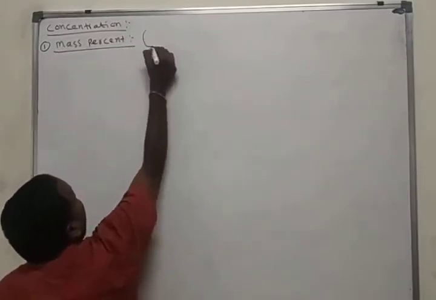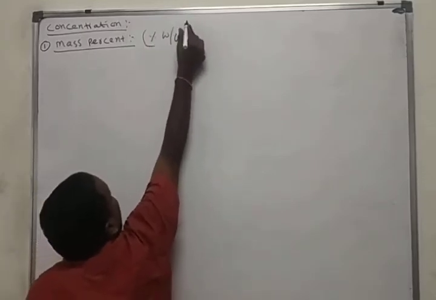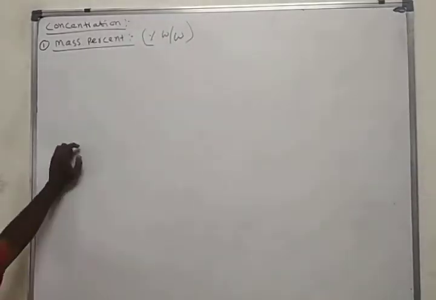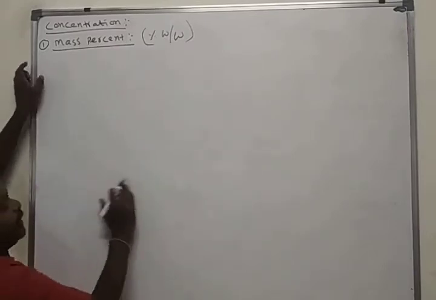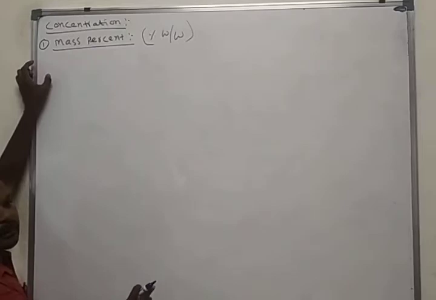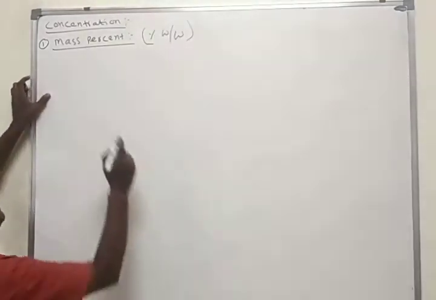This is indicated with percent, weight by weight, small w by capital W. What is the principle for that? How do we calculate the mass percentage, or weight percentage, of solute?